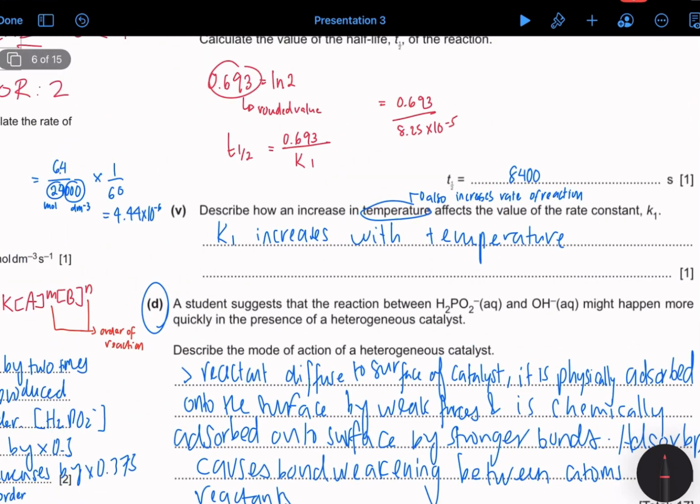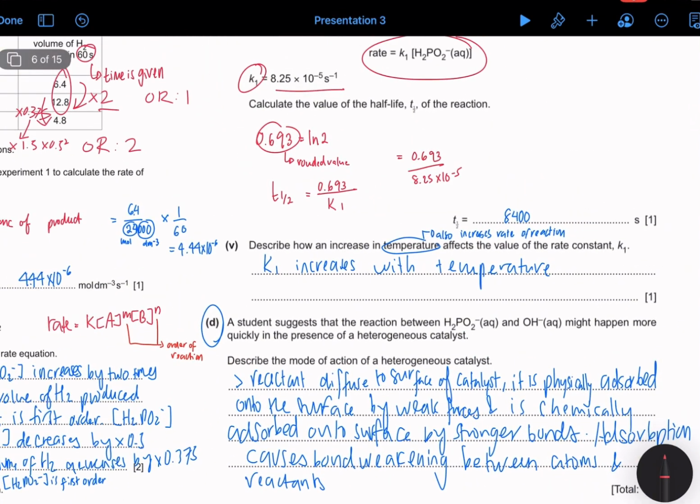Alright, question d. Students suggest that the reaction between H2PO2⁻ and OH⁻ might happen more quickly in the presence of a heterogeneous catalyst. Describe the mode of action of a heterogeneous catalyst.